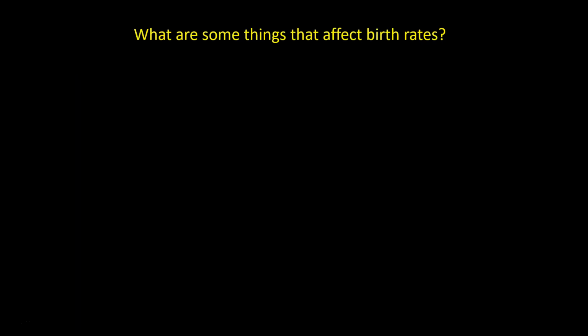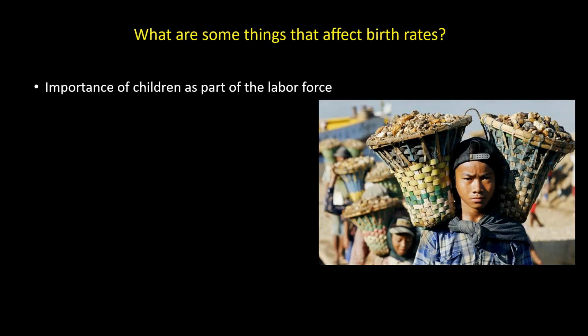So you may have noticed that birth rates and death rates are extremely important in determining what is happening to the human population. But what affects birth rates and death rates? Let's take a look at each one separately. Birth rates are affected by many different things, including social and cultural factors. For instance, one factor is how important children are as part of the labor force.